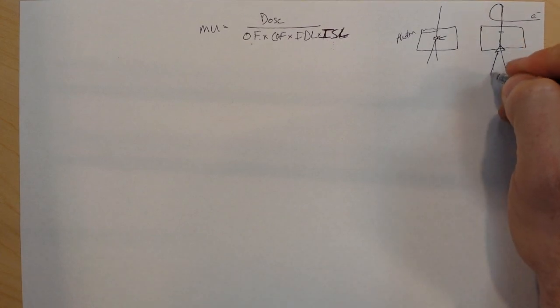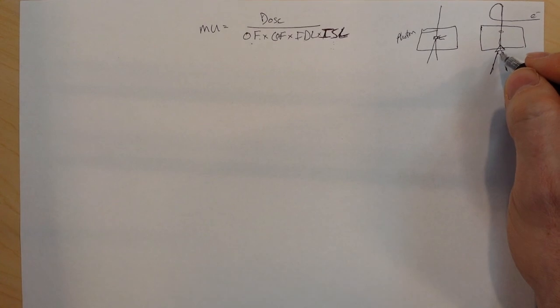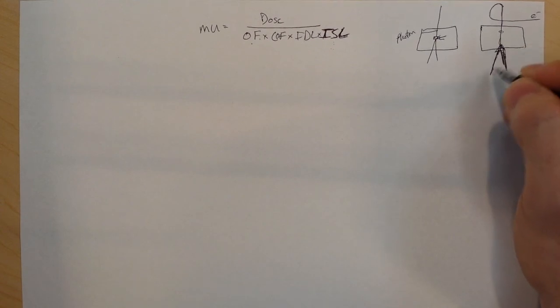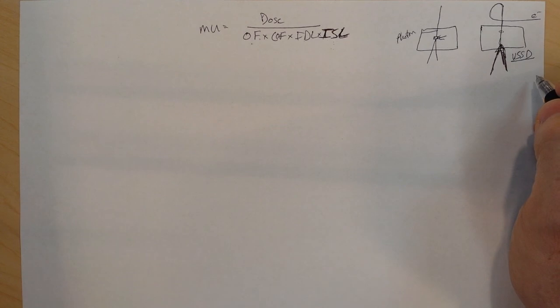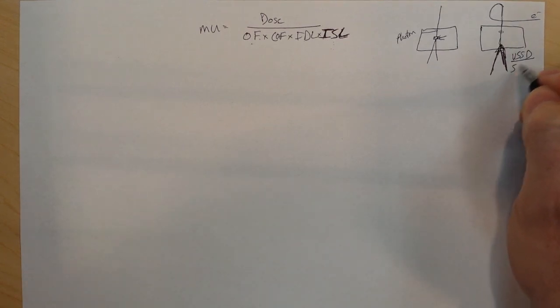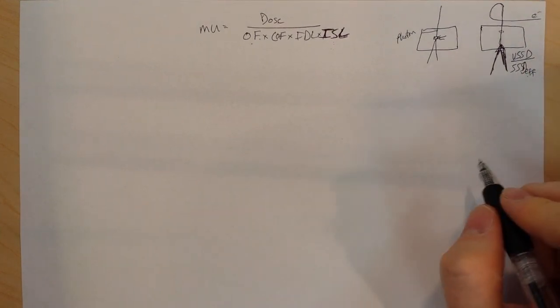So what we do is backwards extrapolate the quote-unquote divergence of this beam to a point in space that you call the virtual source. So you have a virtual source to skin distance, or effective source to skin distance.